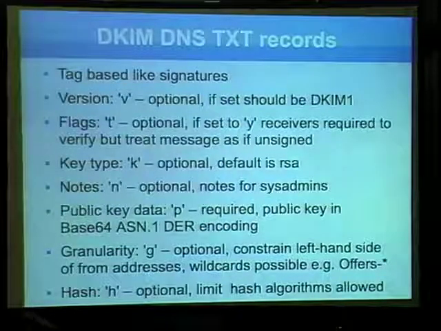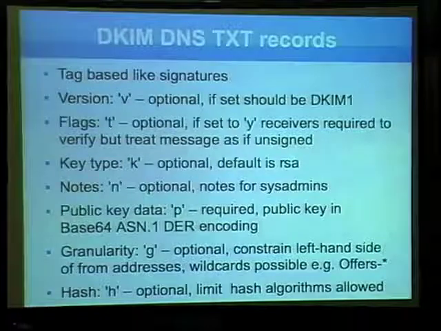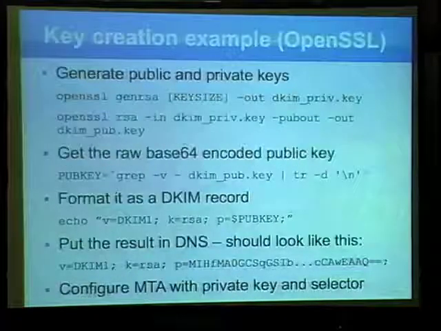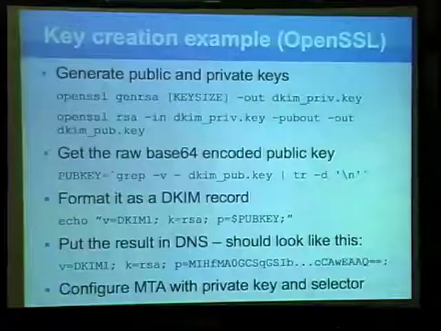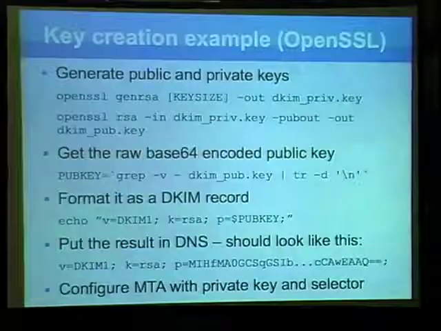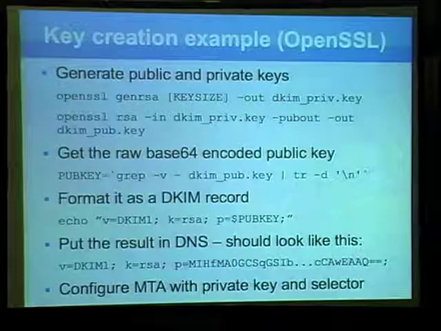You've got your public key data, obviously, and I mean, you can read my slide. There's nothing else terribly interesting here. Here's one way to create a key pair. This is using OpenSSL, which is my preferred tool for doing such things. There are other tools.